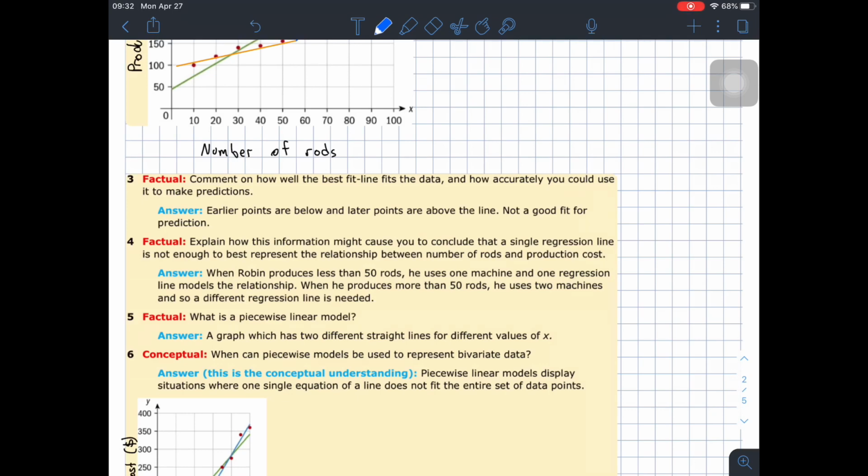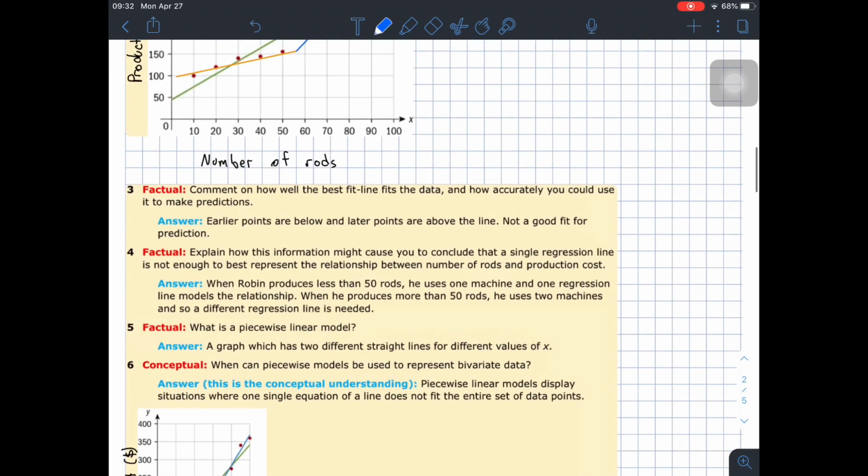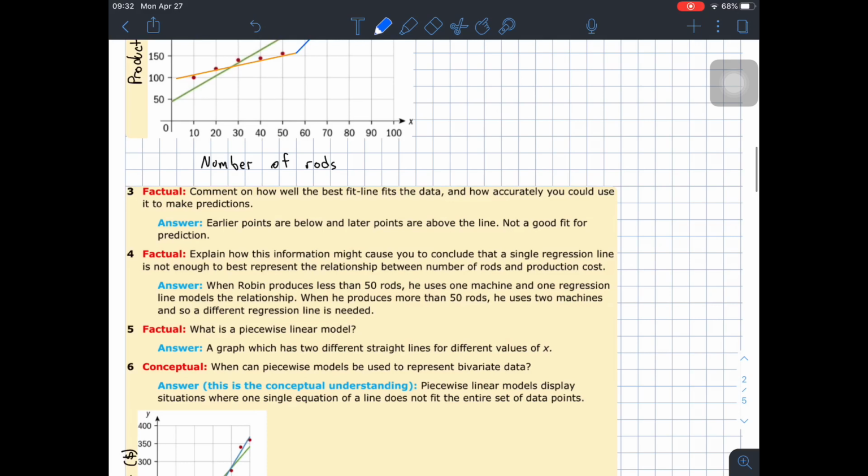But this is something that normally occurs in real life. Whenever we produce something, the higher production requires at least one extra machine, right, for production. And when that occurs, logically, our regression line changes, right?